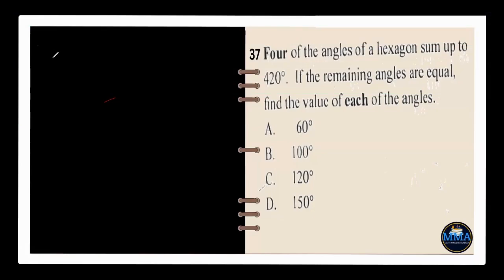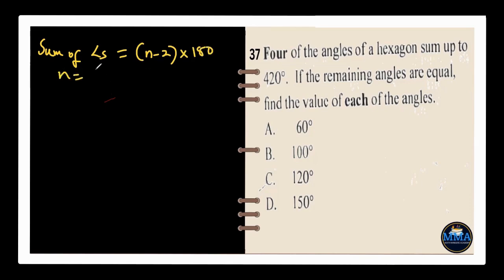4 of the angles of a hexagon sum up to 420 degrees. If the remaining angles are equal, find the value of each of the angles. Of course, there are 6 angles in a hexagon, but the 4 already sum to 420. So let's look at the sum of angles. Sum of angles is going to give us n minus 2 times 180.